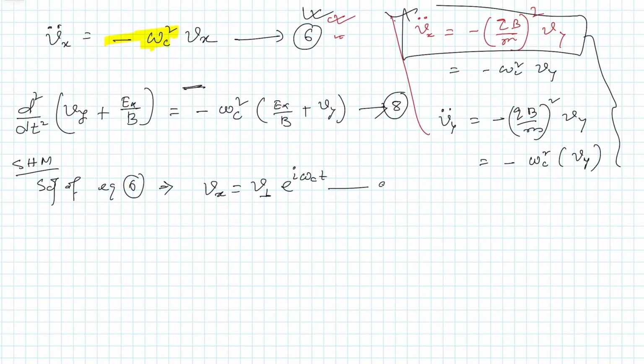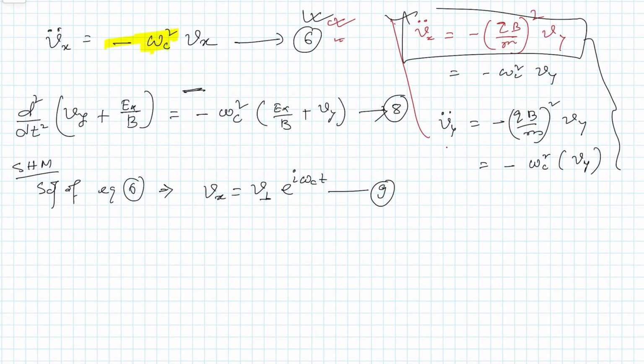This is equation number 9. What does V perpendicular mean? I have already explained that in the first part. And the solution of the other equation we had got is Vy equal to plus minus i V perpendicular e to the power i omega c t.